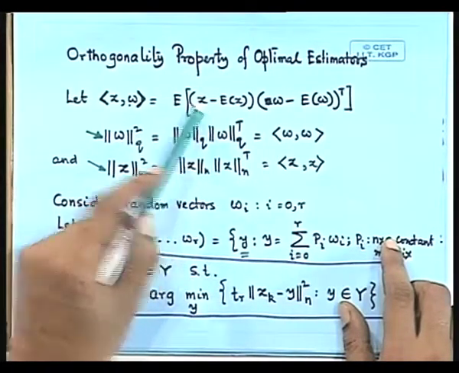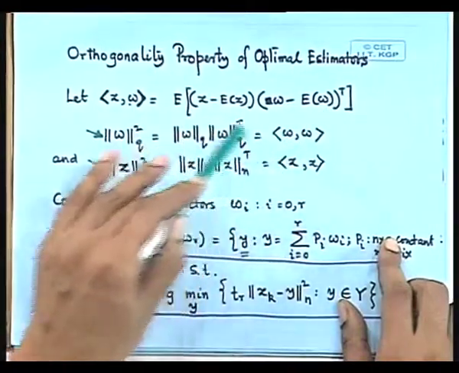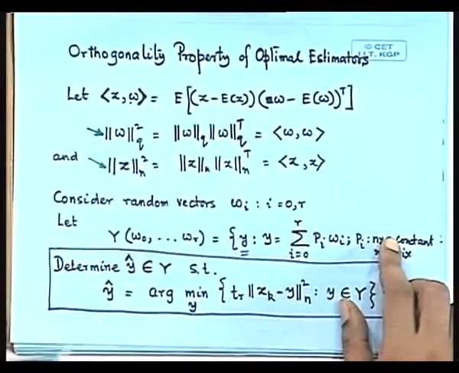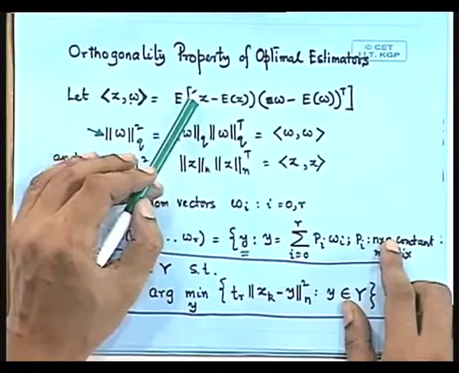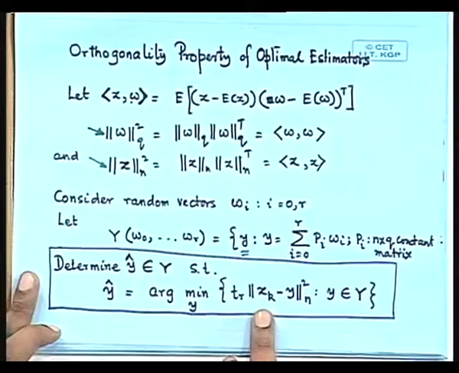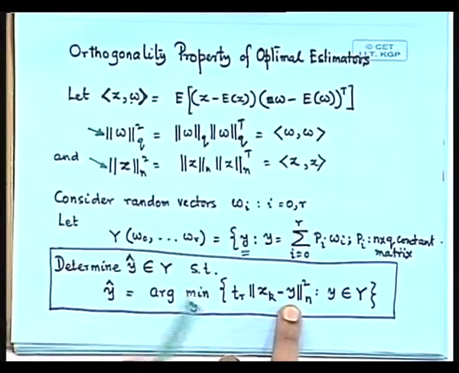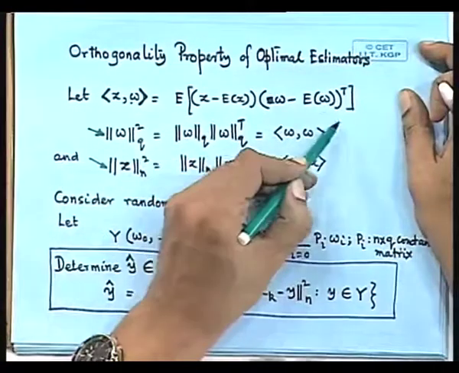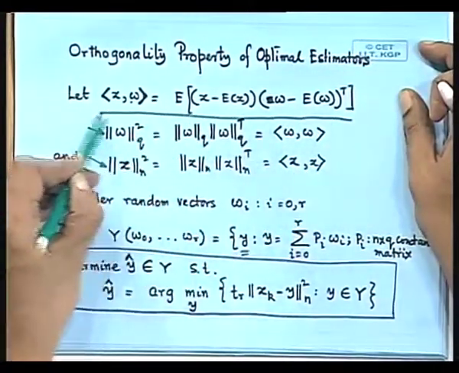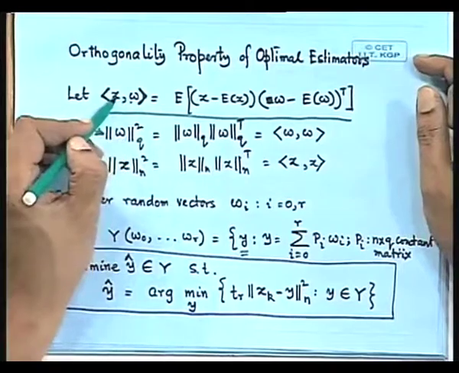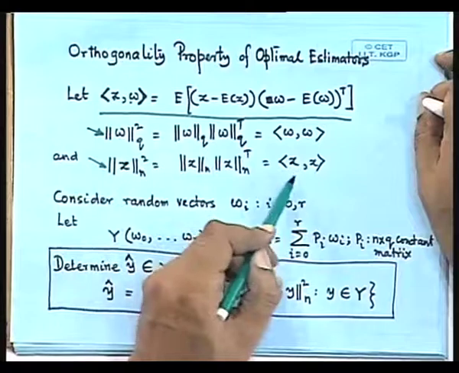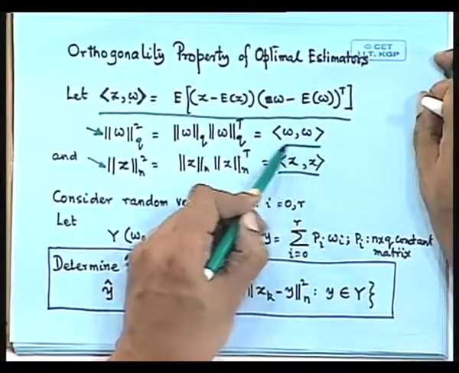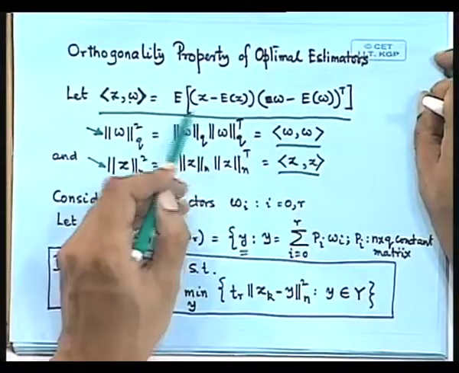Defining trace here will be difficult because it is an n into q matrix, but when you have trace of xk minus y, so first let us give this definition of the inner product. Then if this w and x are of the same dimension, in other words, if we define xx or if we define ww, then this matrix will become square.